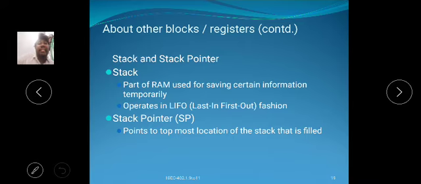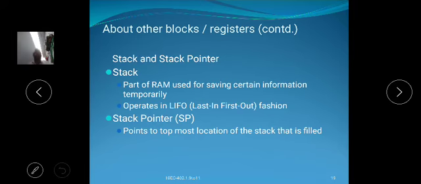Next one is the stack and stack pointer. The stack is the part of RAM used for saving certain information temporarily. It operates in last in first out fashion.